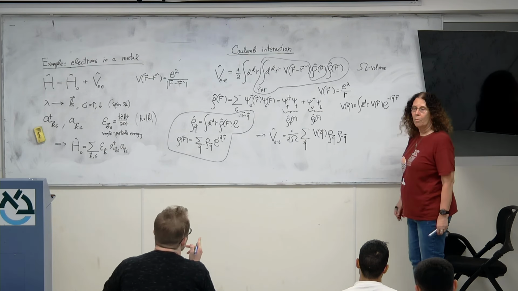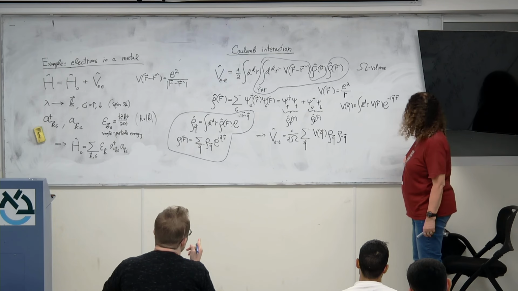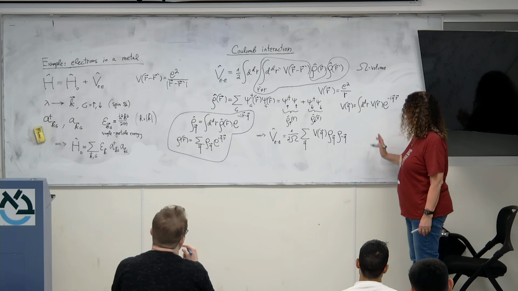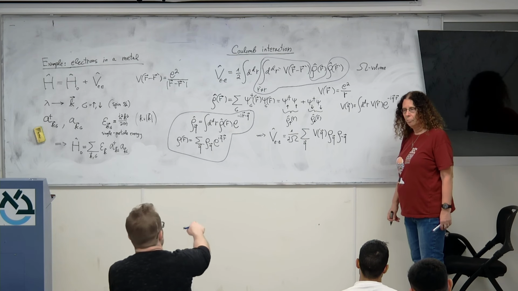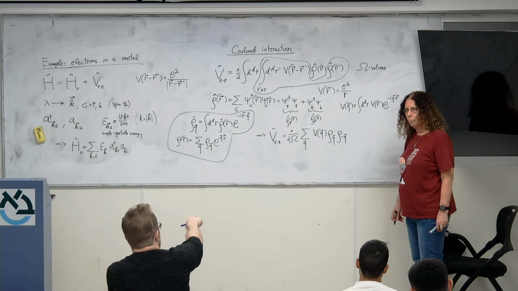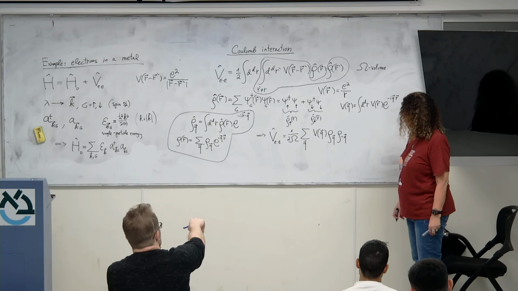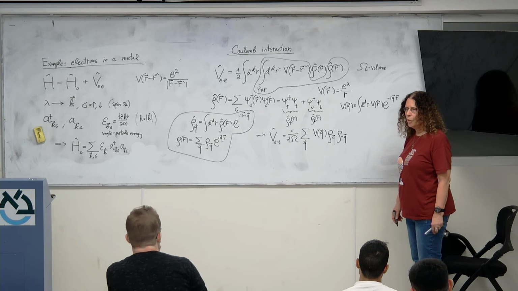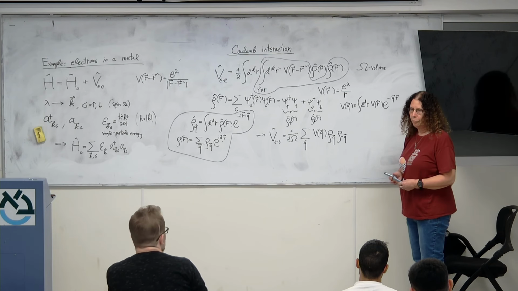Isn't it supposed to be V of 2q? No, this is a Fourier transform. No, I mean in the V_ee expression. No, it's just a Fourier transform.